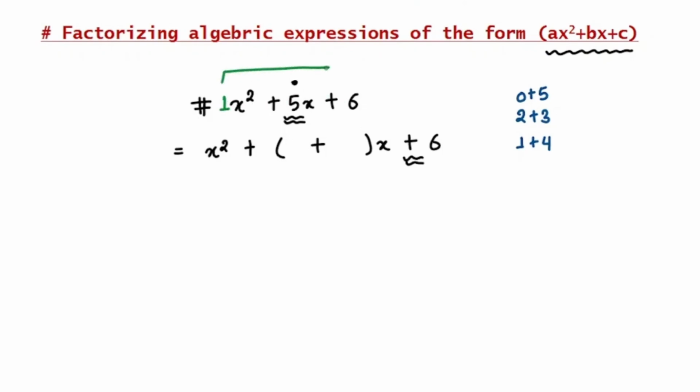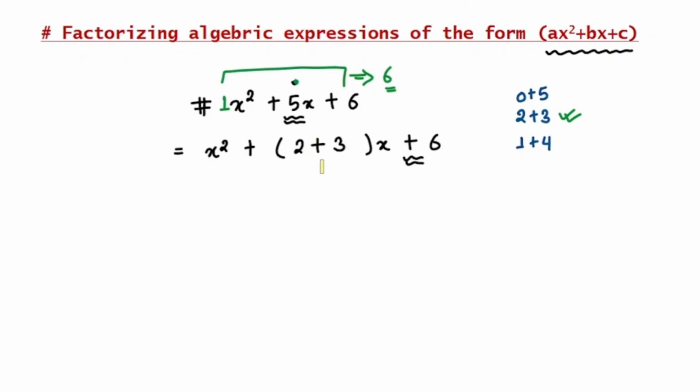So 1 times 6 is 6, right? So when you multiply the numbers, they should give you 6. And when you add those numbers, they should give you 5. And our second option satisfies both of those things. So when you add 2 and 3, it does give us 5. And when you multiply those two numbers, 2 times 3 is 6. So we are going to write 2 and 3 over here. That's how you break the middle term.